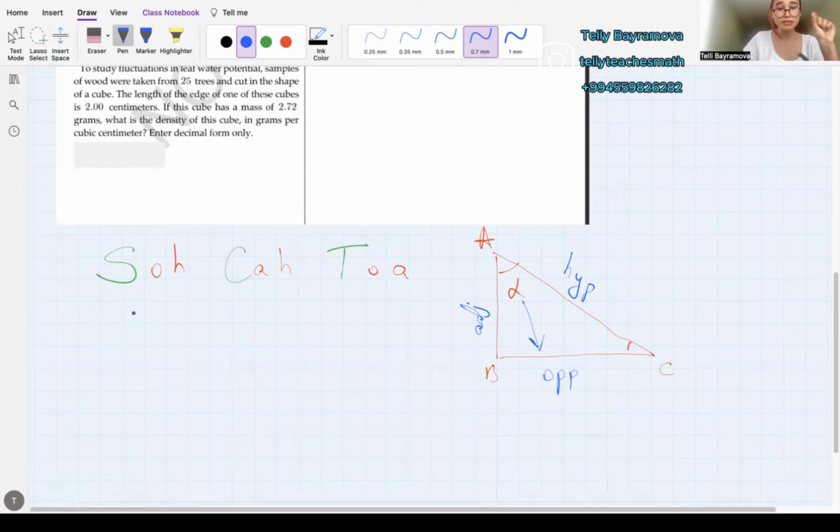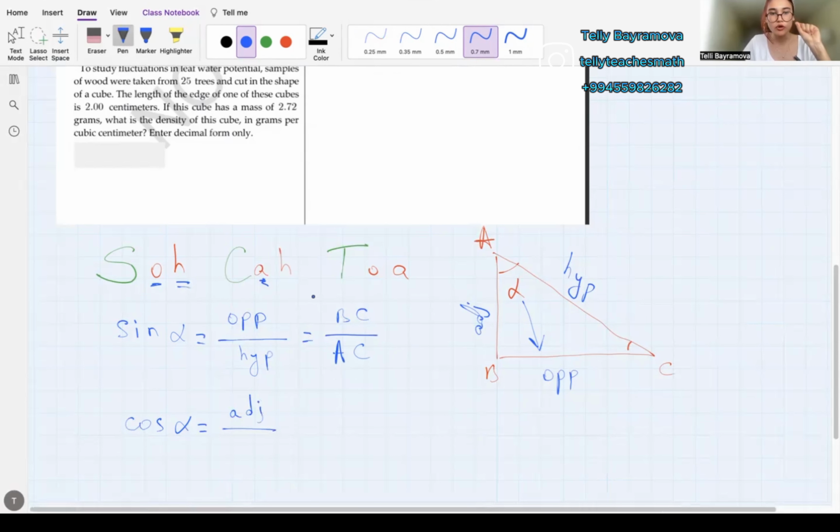Sine alpha equals opposite over hypotenuse, which is BC over AC. Cosine alpha equals adjacent over hypotenuse, which is AB over AC.